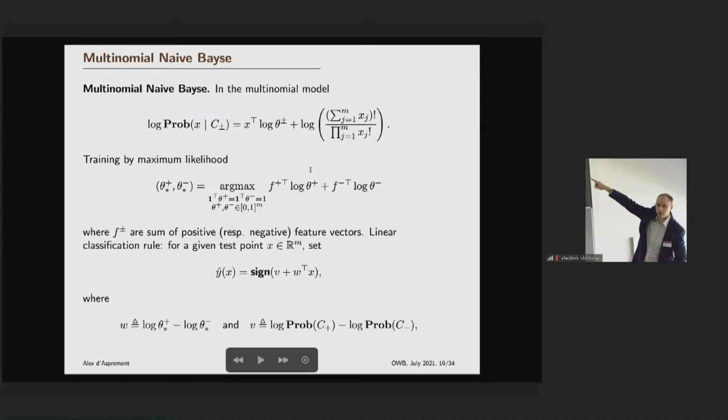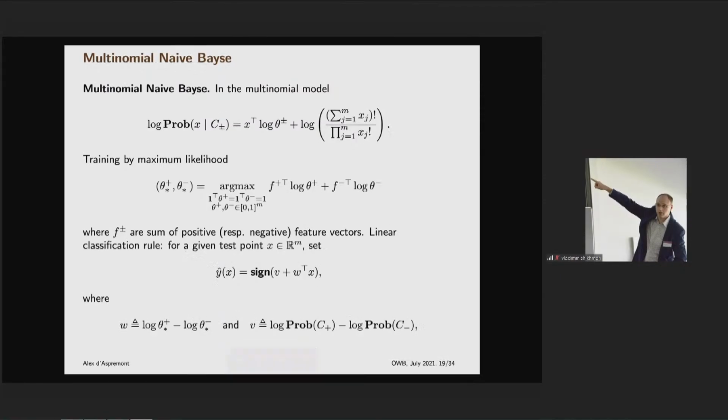And what's interesting is that if you look at the objective of this likelihood maximization problem, it's separable in the variables theta. And here the vectors f plus and f minus are just the sum of the positive and respectively negative feature vectors. So it's a very simple concave maximization problem, separable in the parameter theta.